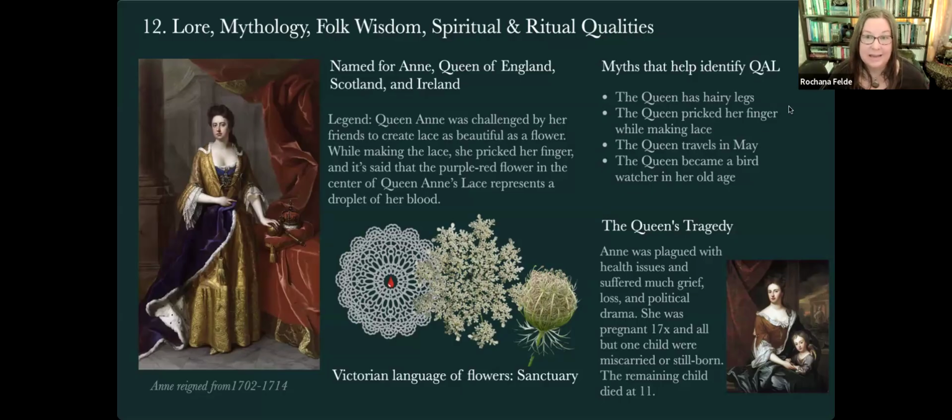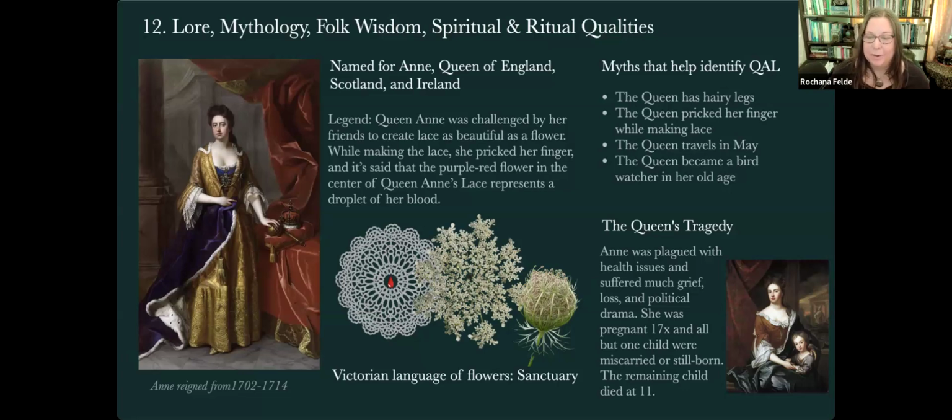The queen has hairy legs is something I learned in plant identification a long time ago when I was learning to identify this plant, meaning that she's got hairs on the legs, on the stems of the plant. And we talked about pricking her finger, that blood, that dark center flower. But also, I learned that there was a tale that the queen travels in May, symbolizing when the flower blooms.